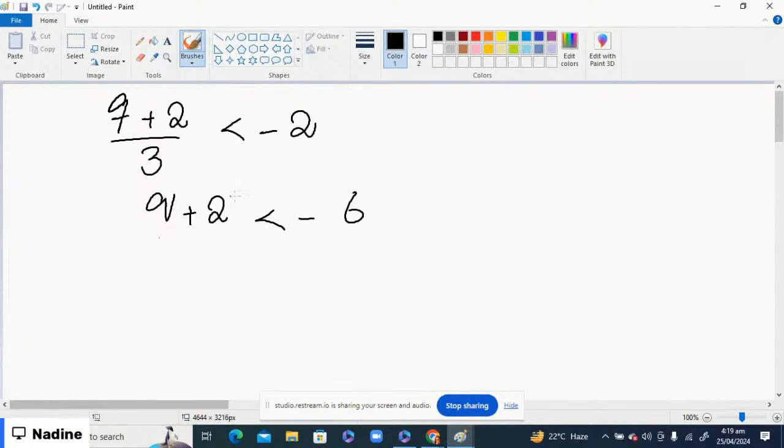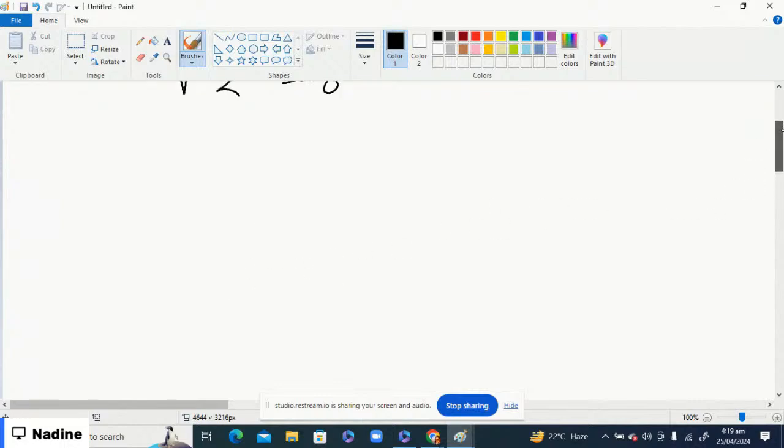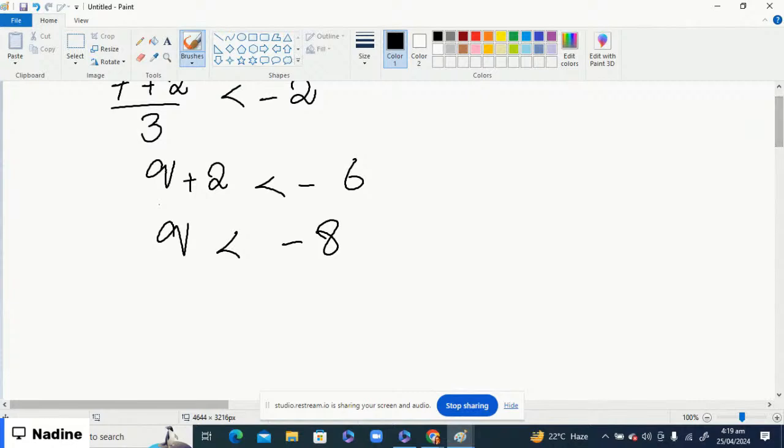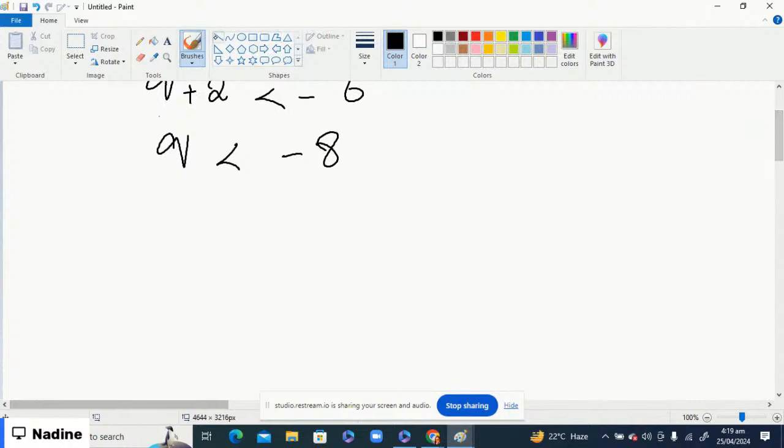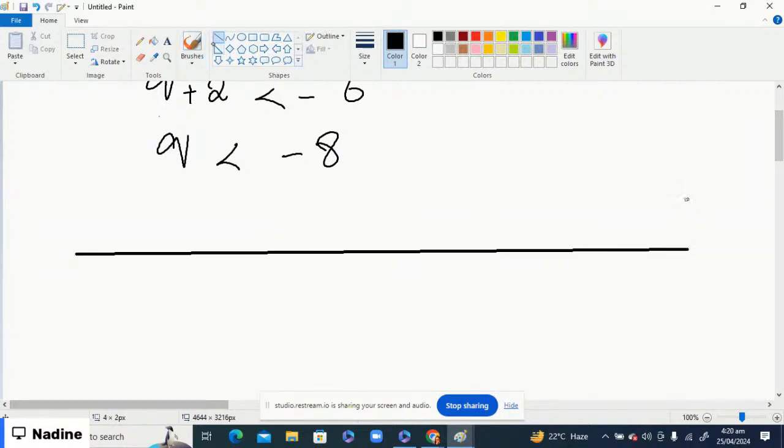Now subtracting 2 from both sides. So look at the question here: q is less than minus 8. Here we're going to draw this one.